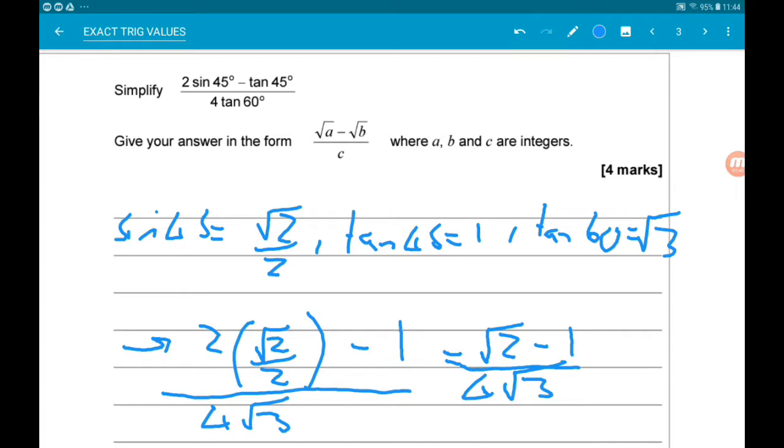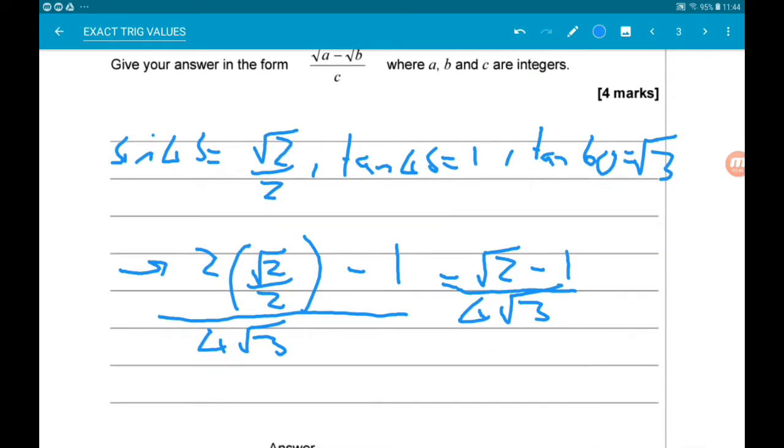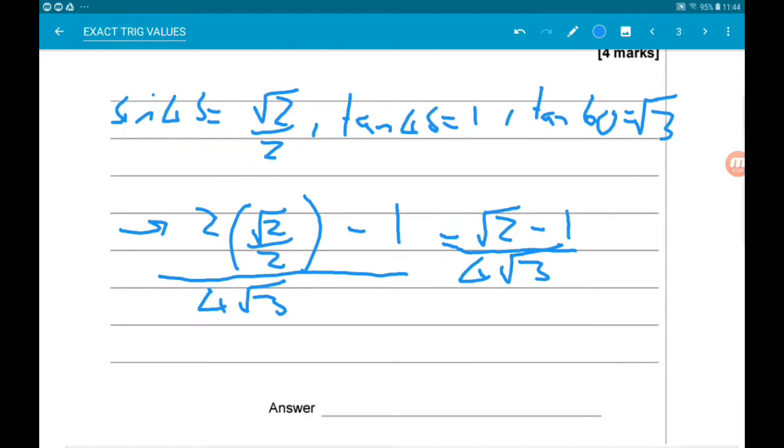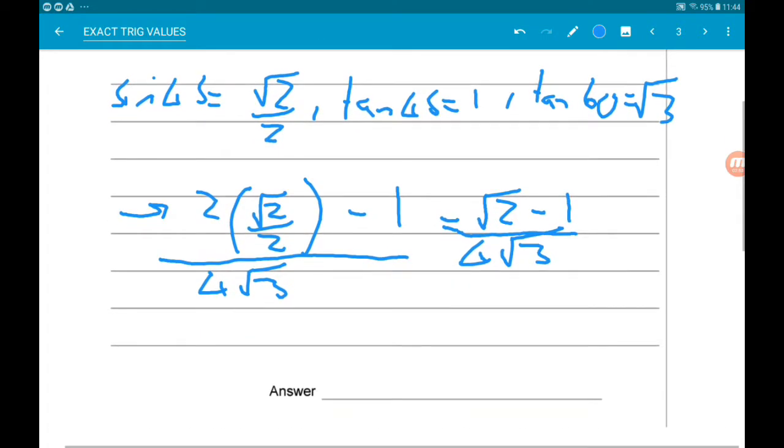So what we now need to do is rationalize the denominator. So what we're going to do is multiply the top and bottom by root 3. The 4 isn't bothering us, just the root 3.